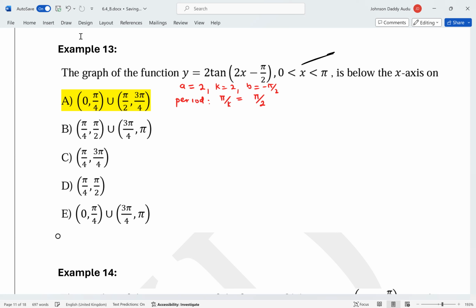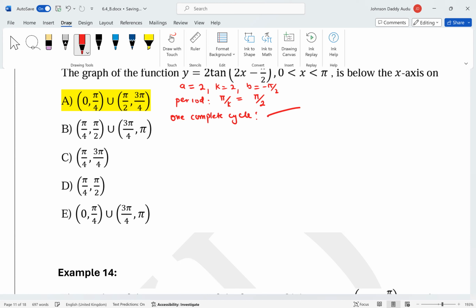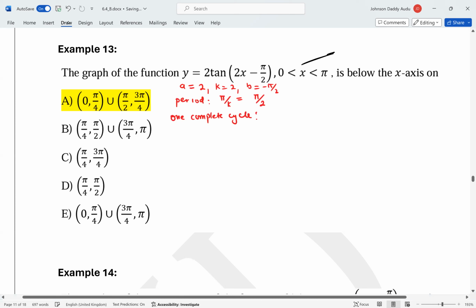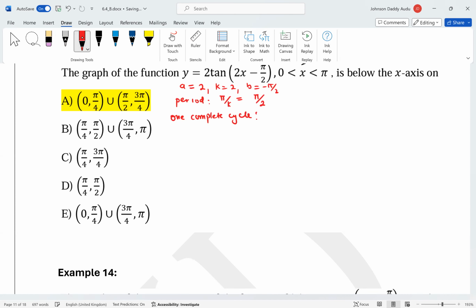Now we can get the... We know that one complete cycle is usually from 0 to... Not 0. This is the graph of tan. So one complete cycle is from minus pi over 2k to pi over 2k.